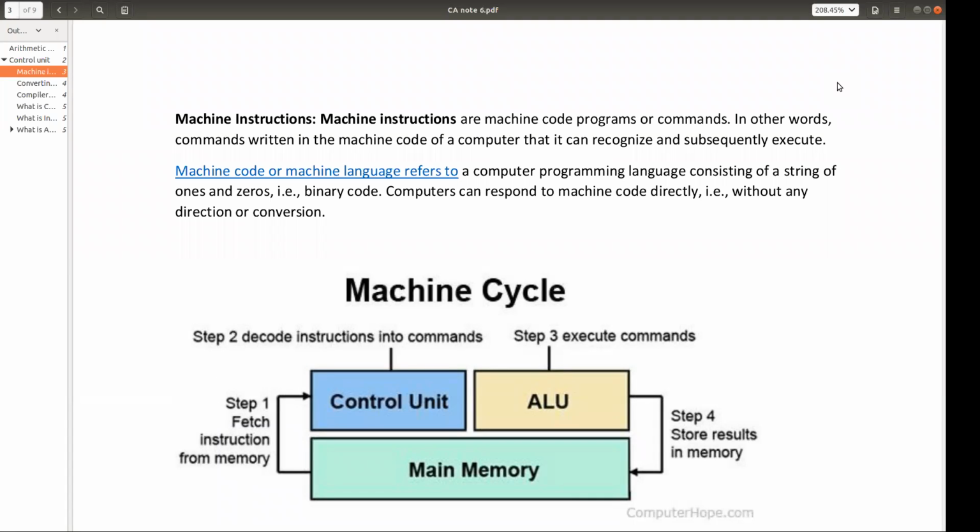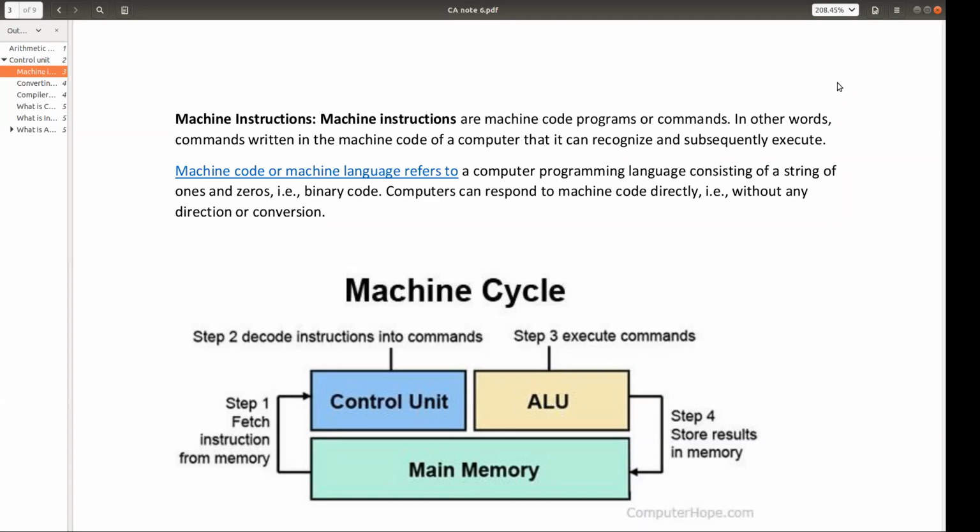Whatever instructions we provide, the computer just obeys them. Like when you double click on a particular icon, that program will be opened. When you are typing something and you press the save button, it gets saved. That means you have instructed your computer to save that, that's why it is saved. So we are providing instructions.